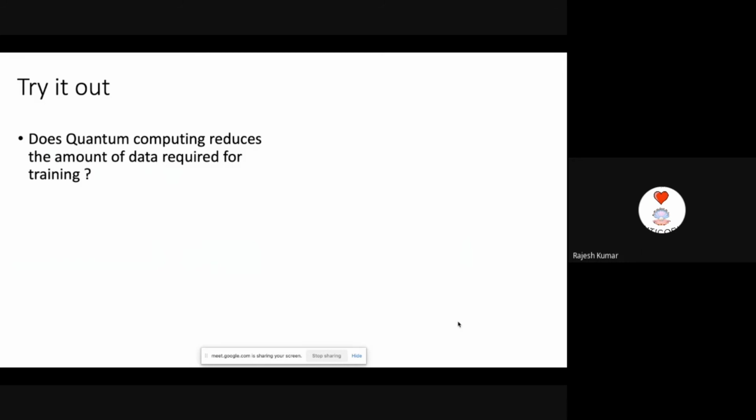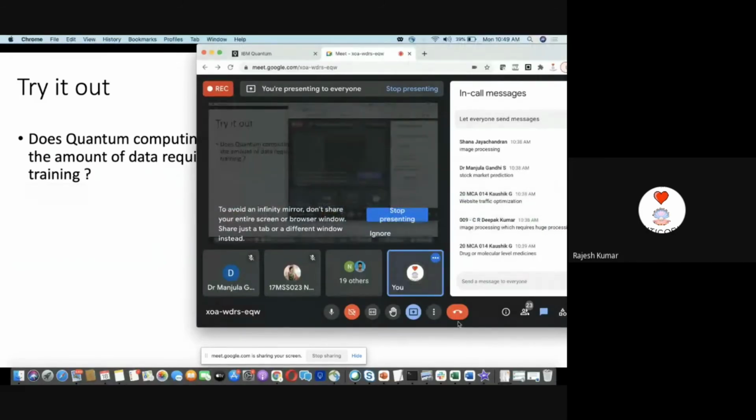So the question is, does quantum computing reduce the amount of data required for training? What's your response? From the machine learning perspective, we know that for training we need a considerable amount of data.